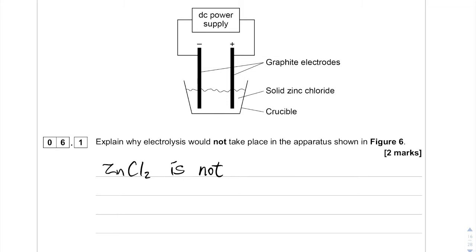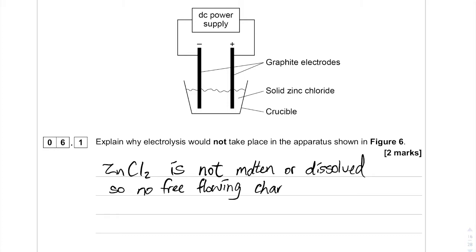But from what I know, zinc typically exists with a 2+ ion charge, and it's not molten or dissolved. So no free-flowing charges or ions can carry the current.